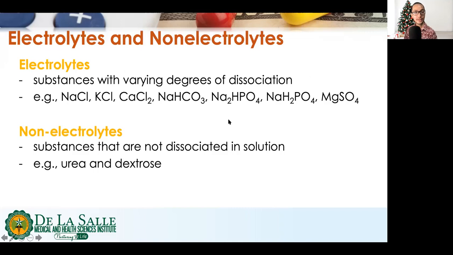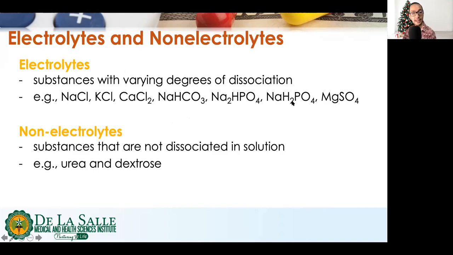So remember that, again, electrolytes are substances with varying degrees of dissociation. Examples of electrolytes are inorganic salts, such as sodium chloride, potassium chloride, calcium chloride, sodium bicarbonate, dibasic sodium phosphate, monobasic sodium phosphate, and sulfate.